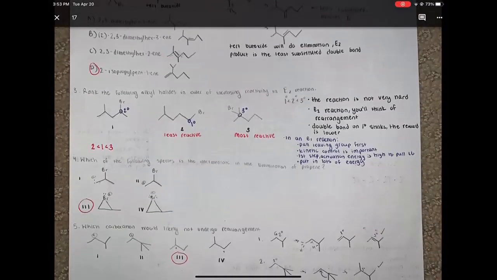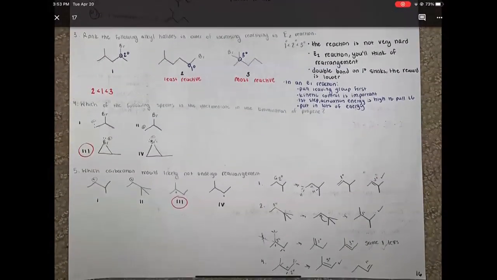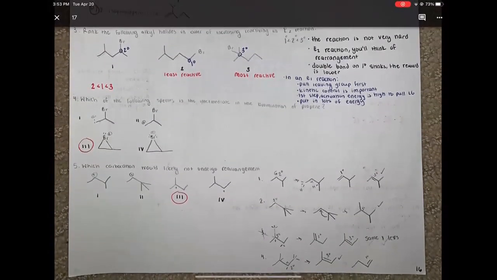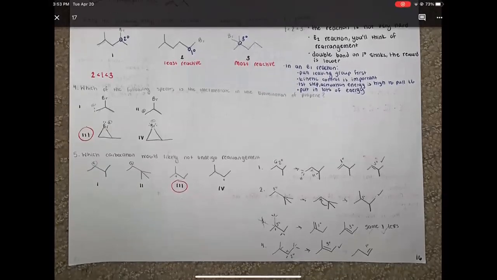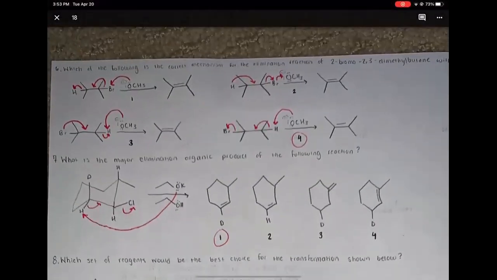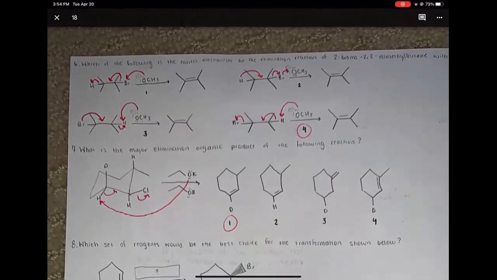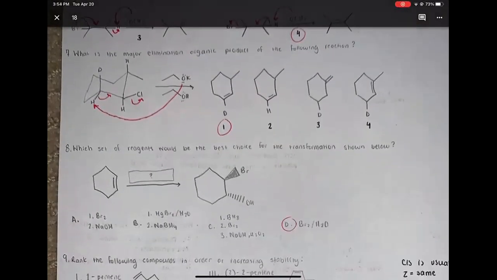This is an E2 reaction question. Wouldn't need to know that. Bromination. We also need to know that. Which of the following is the correct mechanism for the elimination? Okay, this is an E2 reaction again.